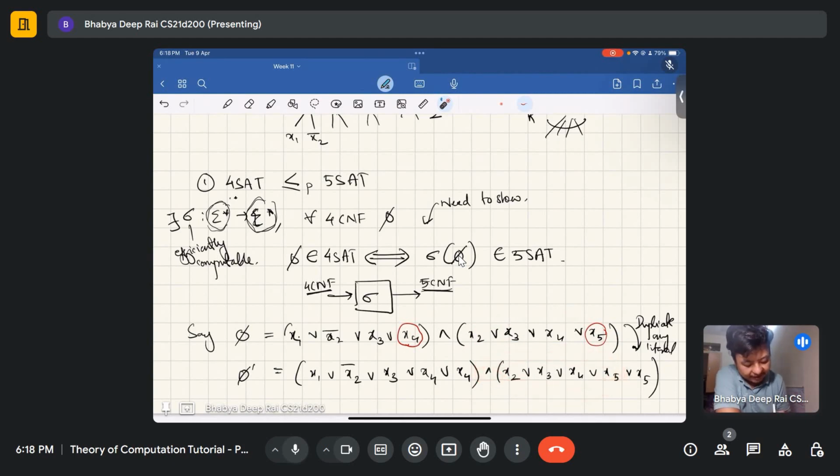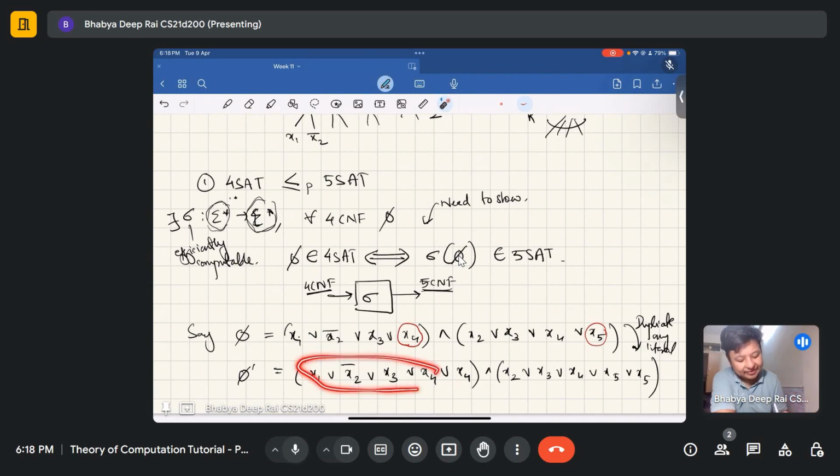Now, if any chunk is satisfiable inside these clauses, since this is an OR, either on the left I want satisfiable or on the right I want satisfiable for the entire thing to be satisfiable, right?